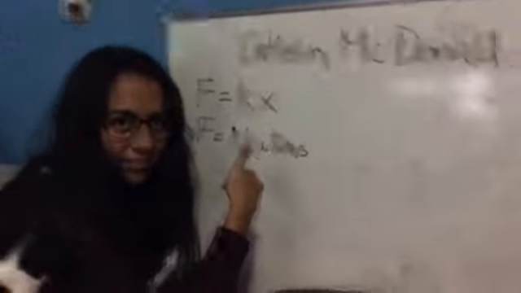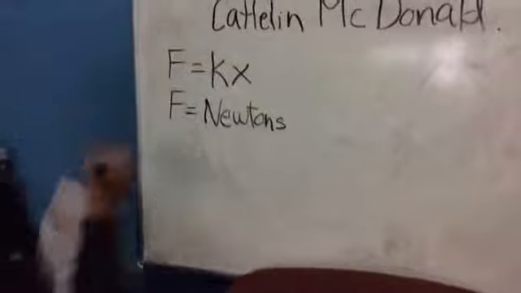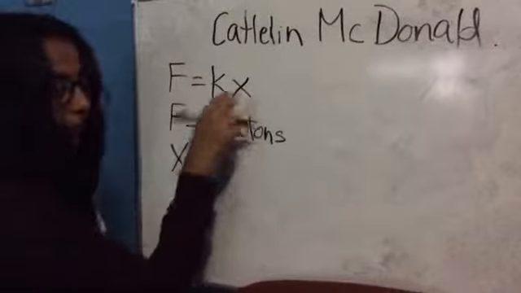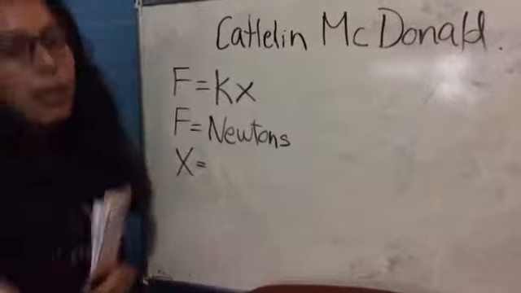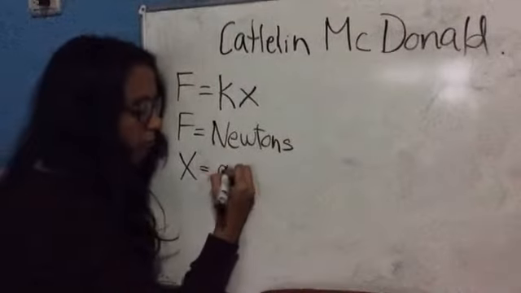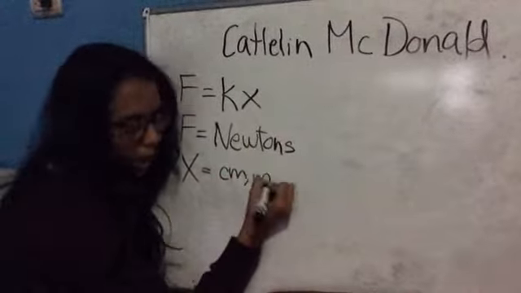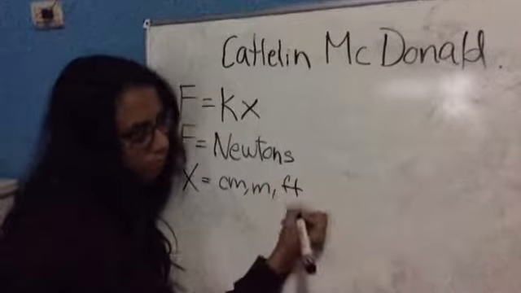So, you spell it like this, right? In English? Now, the next step is X. X means the measurement, like centimeters, meters, feet, etc.